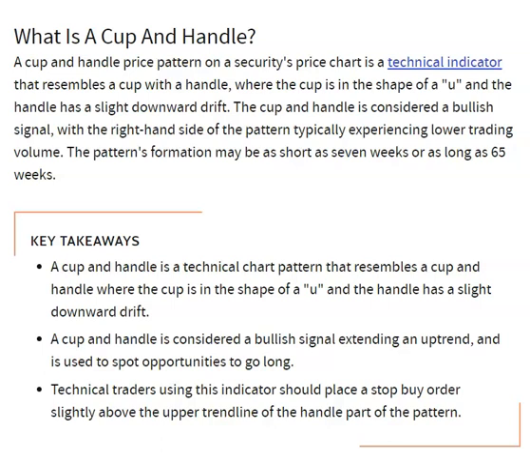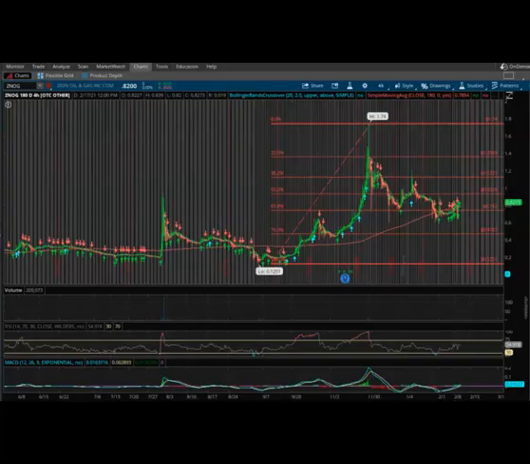So let's look at the charts, and I'll draw out a cup and handle pattern that I've previously used to enter a position, and then I'll show you how one might be potentially forming for Zion Oil and Gas. All right, we're here on the charts on Zion Oil and Gas. Just a heads up, you may hear the bell ringing. This is just a few minutes before market opens, so it'd be interesting to see what Zion Oil and Gas does from the jump.